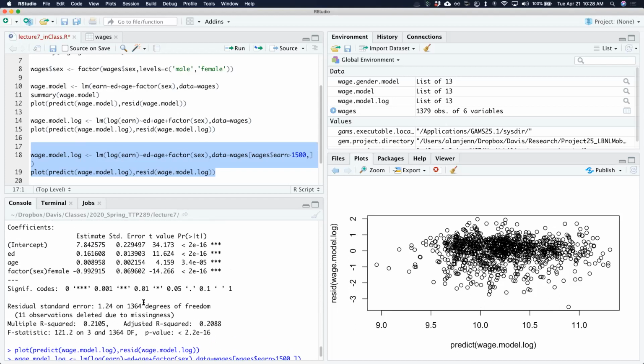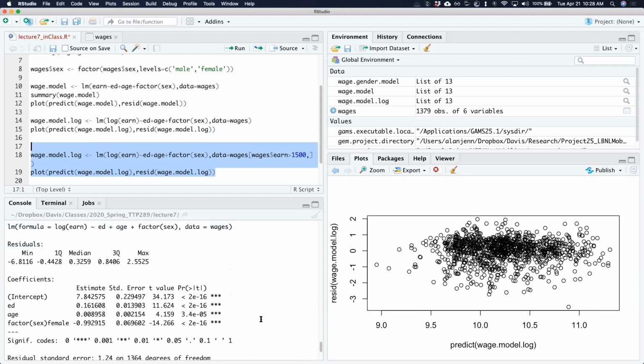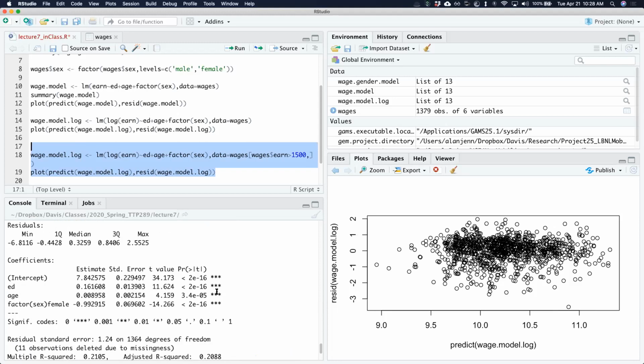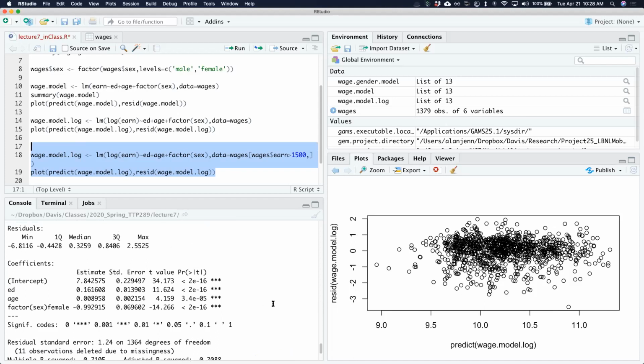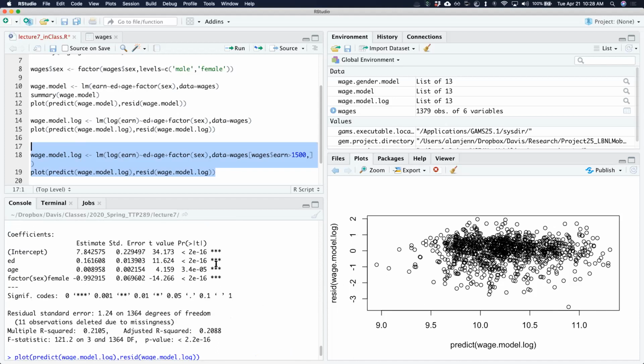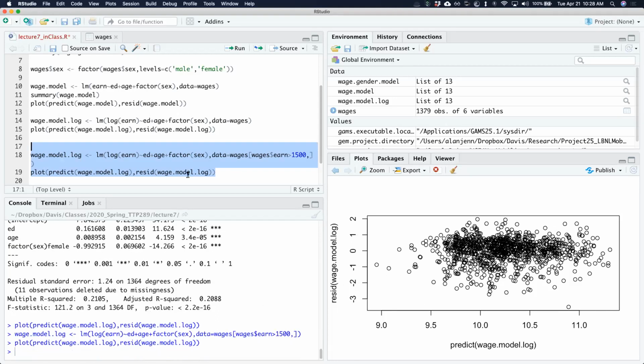And again, it's always good to look at many of these tools, because when we simply look at the standard errors or the R squared, you may miss some of these issues and the bias in the model. That's definitely evident by looking at the residuals.